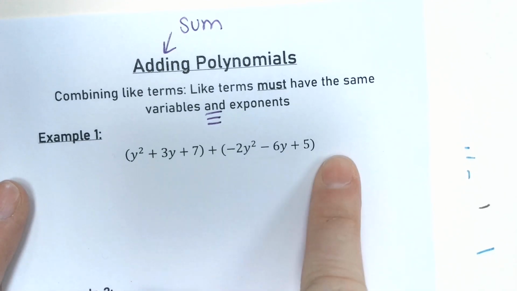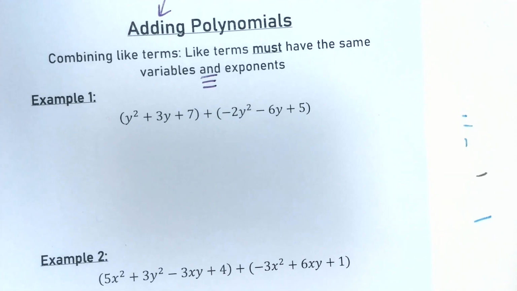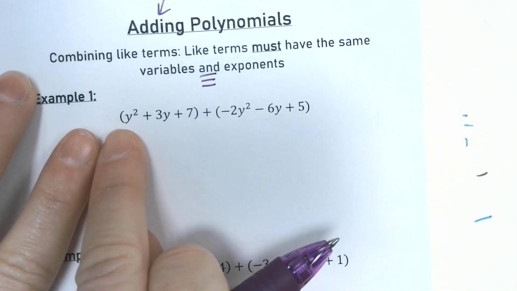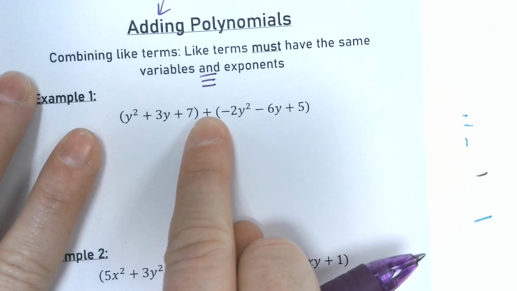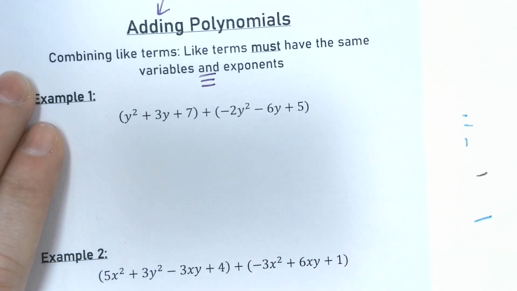So let's look at this. We have those terms. So what I like to do is underline them or circle them according to them being like terms. So since this is just adding, we don't have to do anything but remove the parentheses for the first thing.